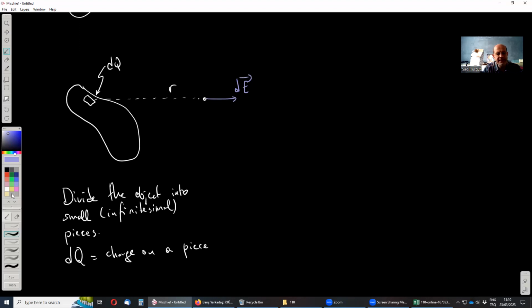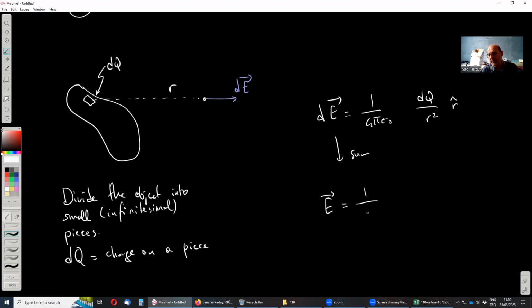This is given by Coulomb's law: 1/4 pi epsilon 0 dq divided by r squared times the r unit vector. Then we have to sum all of them. As a result, the total electric field at the point in question can be expressed as 1/4 pi epsilon 0 and the integral of dq divided by r squared times r hat.